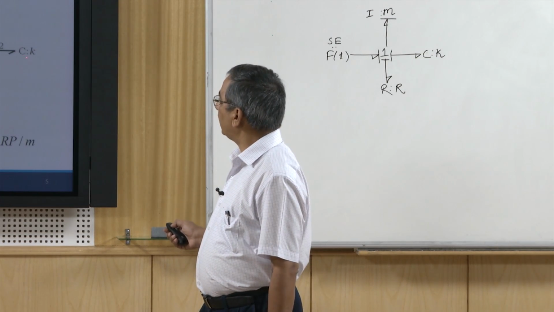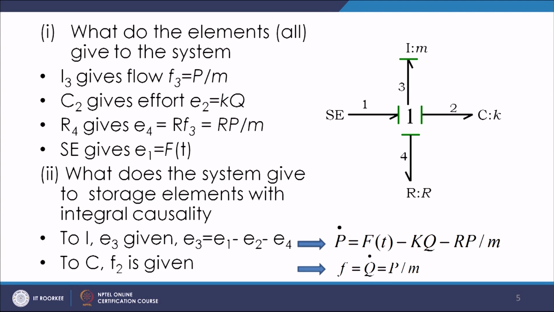Then the next element is the C element, that is C2, it is giving an effort here. So, that effort E2 I can write as K into Q, where K is the spring stiffness constant. Okay. And the damper R4 is giving the effort here. So, that effort E4 I can write as R into F3, and you see it is a constant flow junction.